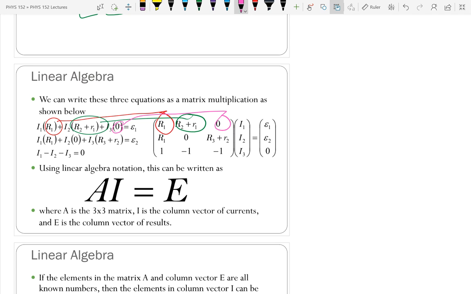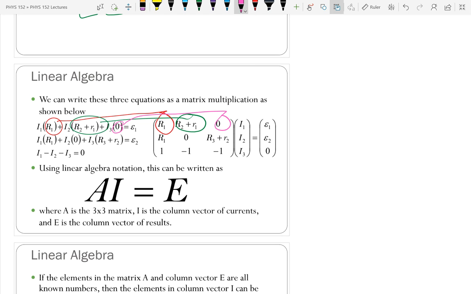When you multiply matrices, for the first row, you take the first item times the first item in the column, plus the second item in the first row times the second item in the column, plus the third item.